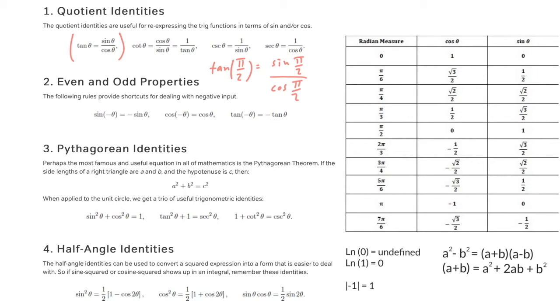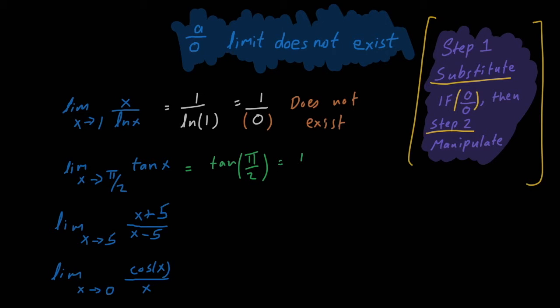Now from the table on the right, we can see that sine pi by 2 is 1 and cos pi by 2 is 0. So the answer is 1 over 0. As it's 1 divided by 0 and there is a 0 in the denominator, hence the limit does not exist.